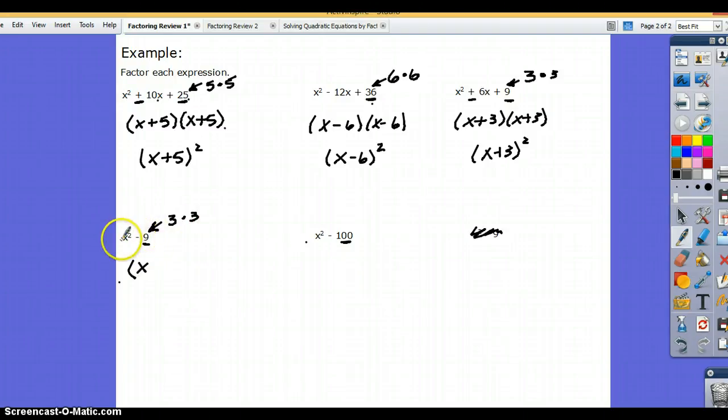If you have an x squared minus a perfect square, it is always x plus the square root of the perfect square, x minus the square root of the perfect square. So same thing here, x squared minus the perfect square of 100. So it's x plus the square root of 100, which is 10, and x minus the square root of 100, which is 10.